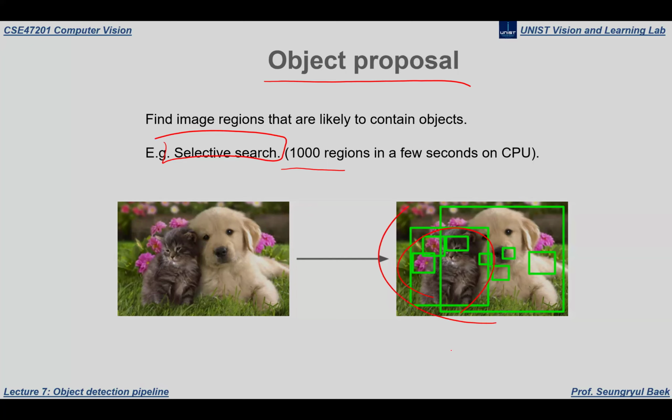Mostly those approaches use heuristics, which assume that if some regions inside the image have coherent color, textures, or other features, then those regions may contain an object.